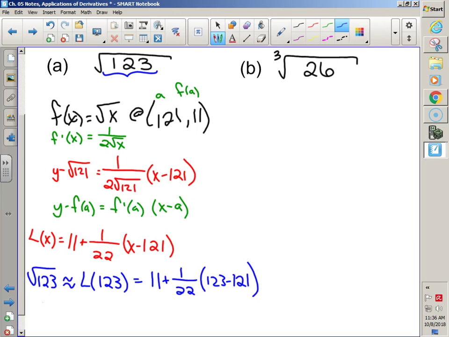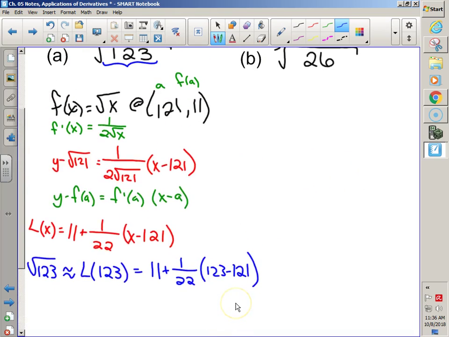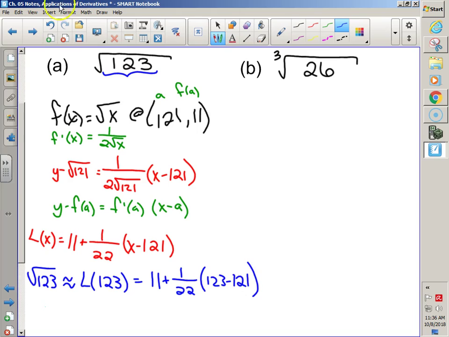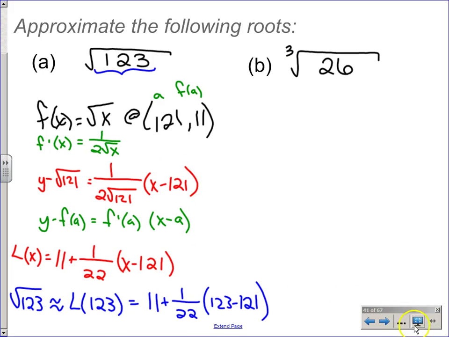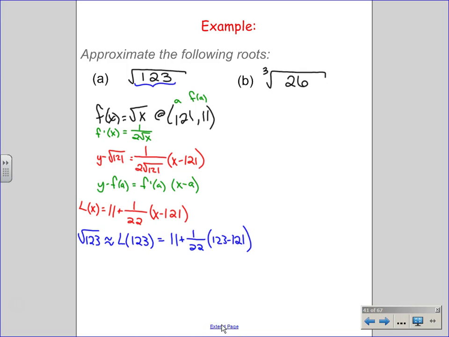Oh, but you could. I'm not saying you like it, but you could, right? Two over 22, what's that? 2/11ths, right? No, 1/11th, right?